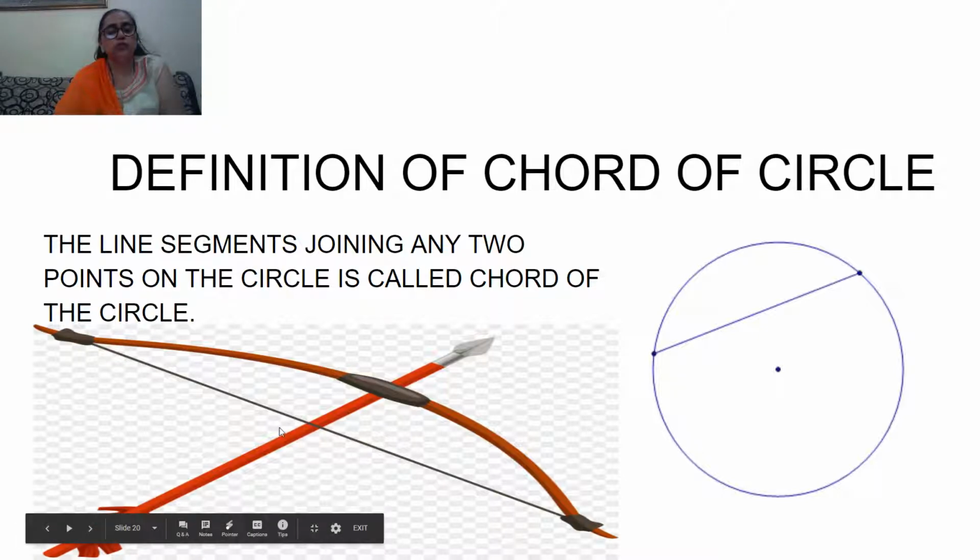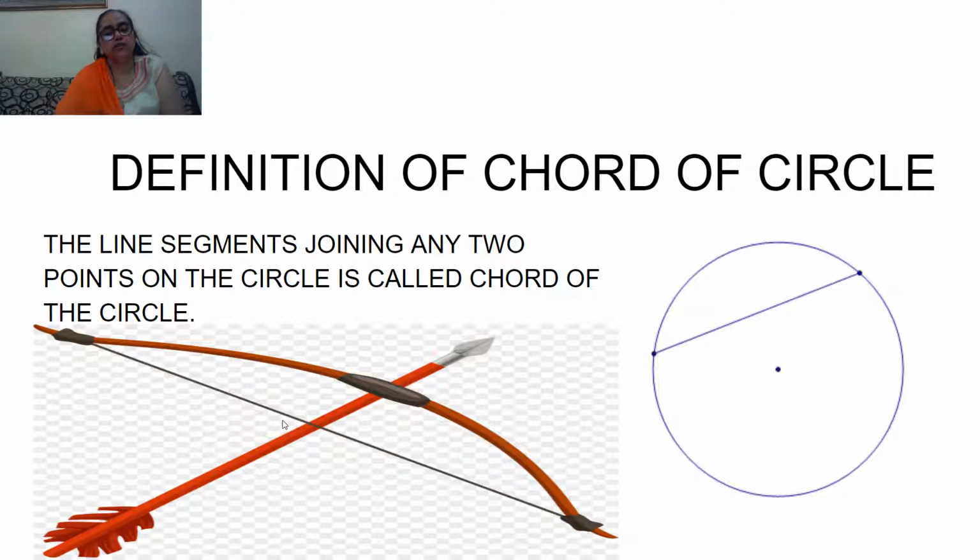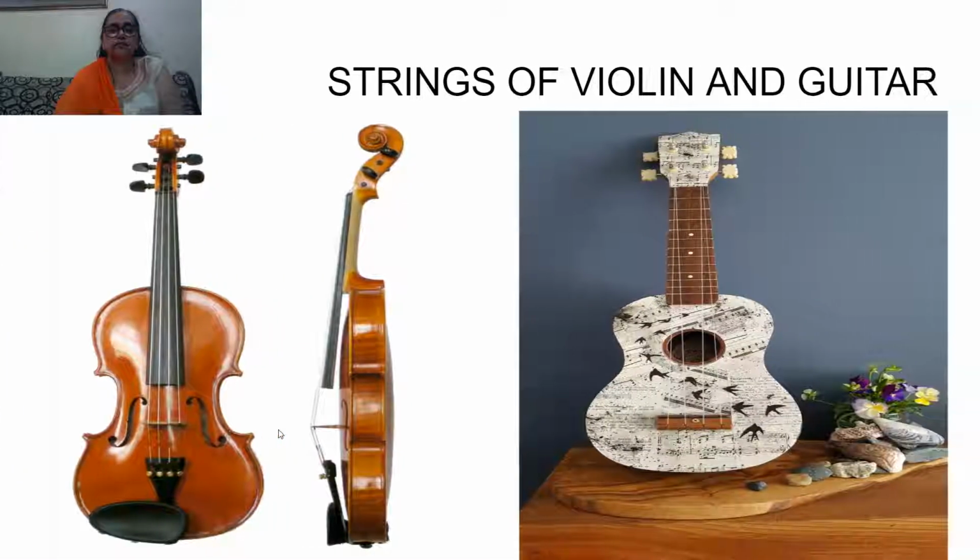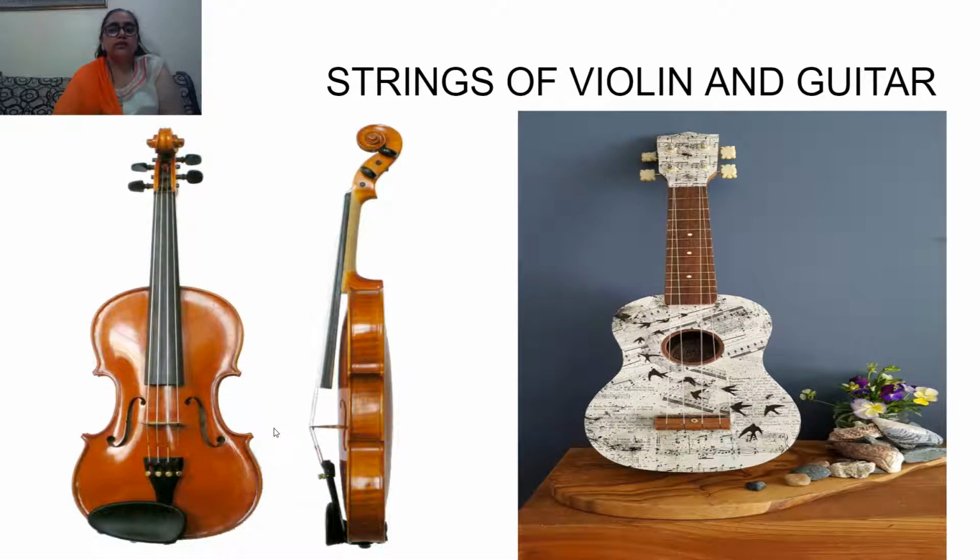In Latin, the bowstring is called chorda. From that chorda, a letter was dropped and it was named as chord. The strings of violin and guitar are also called chords.